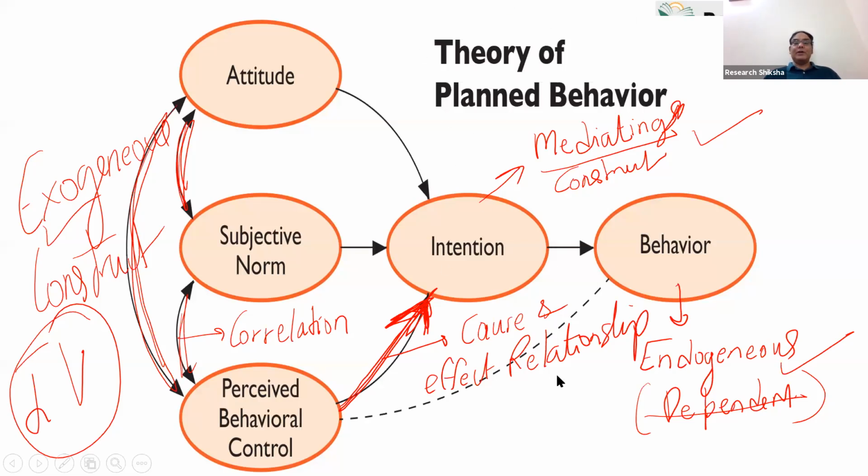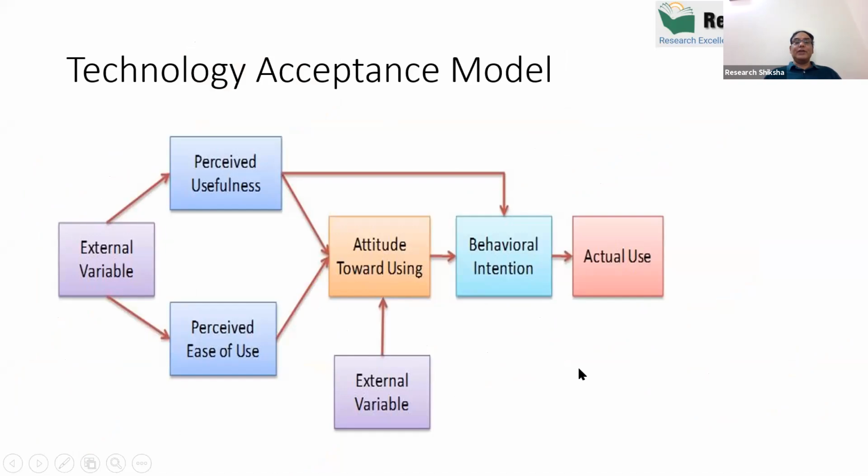Now I'm showing another theory. This theory is known as the technology acceptance model, or TAM. Whenever you want to analyze the adoption of technology by the consumer, for example, I know that the TAM theory was highly applicable in the case of internet banking and mobile banking, and scholars are even applying it to online education technology.